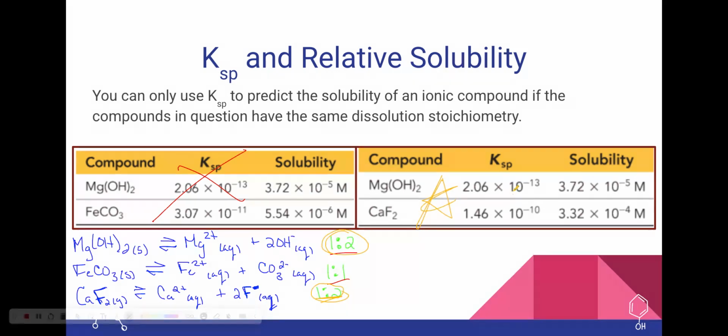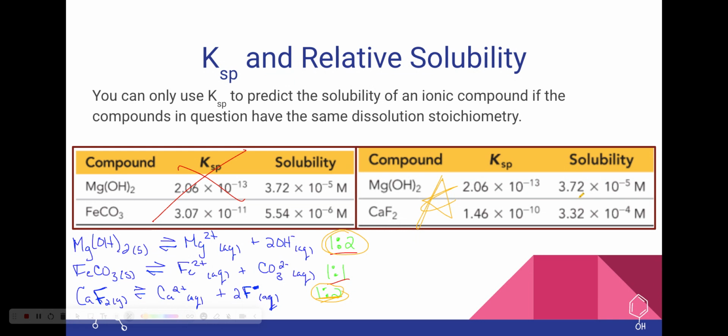So in other words, if we're looking at the KSPs here, the KSP of calcium fluoride is 1.46 times 10 to the negative 10th. It's a smaller KSP, so that means it's going to be more soluble than our magnesium hydroxide, right? And the only reason, again, that we can compare these is because they both have the same dissolution stoichiometry, 1 to 2.